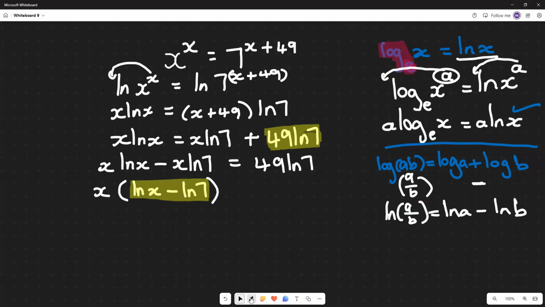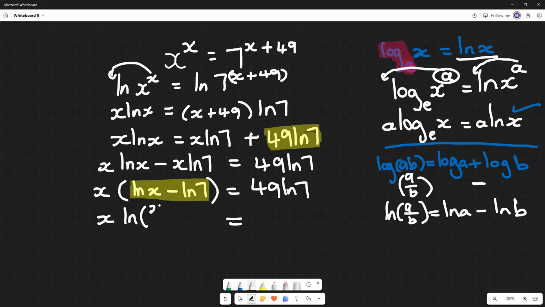So the x is still there outside, and also here we have 49 ln 7. And then I'm sure you can see that, guys, we can write this as ln of x divided by 7. This and that are the same using this rule. And then you have 49 ln 7.